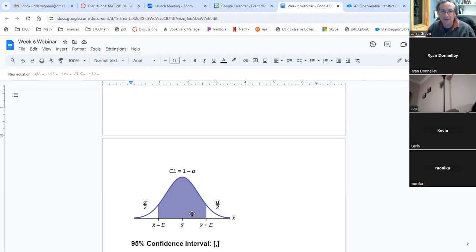And then what we can do is we can say, well, we want to find, let's say, a 95% confidence interval. So what we want to do is we want to say, how far left and right can I go so that this is symmetric and the area under the curve is 0.95. Any questions on that?